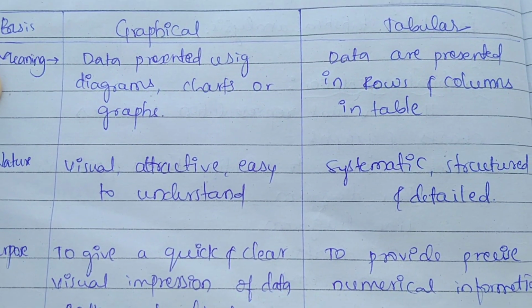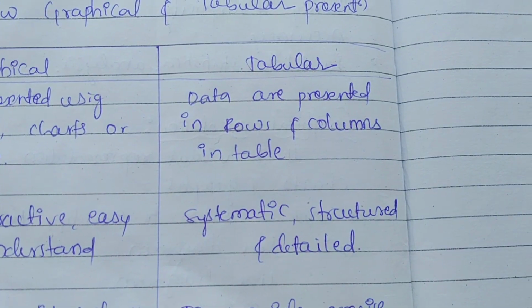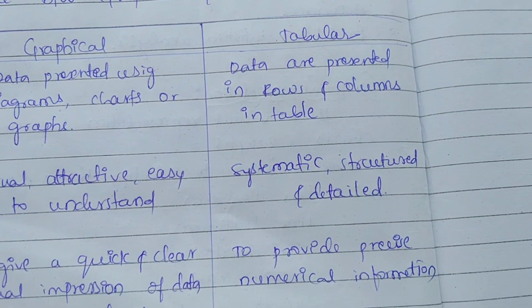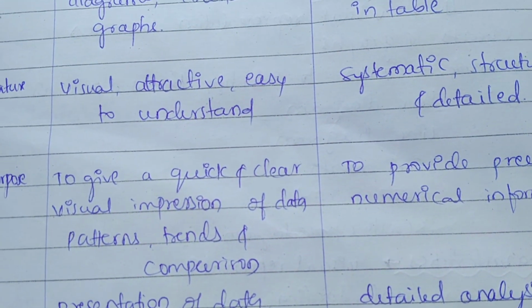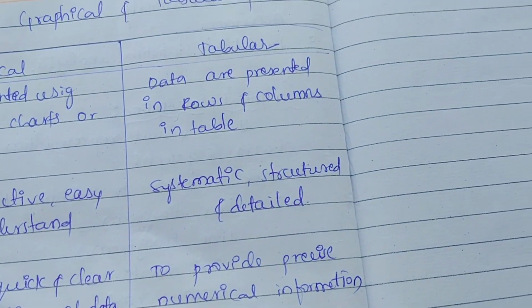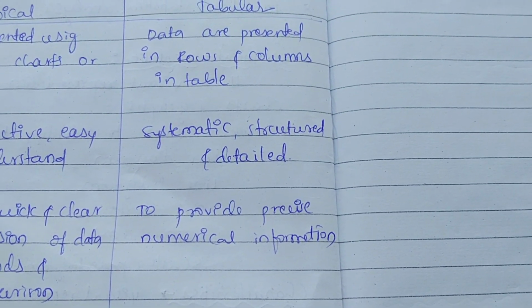The nature of graphical presentation is visually attractive and easy to understand, while tabular is systematic, structured, and a detailed format. The purpose of graphical is to give a quick, clear visual impression of data patterns, trends, and comparisons, but tabular provides precise numerical information.